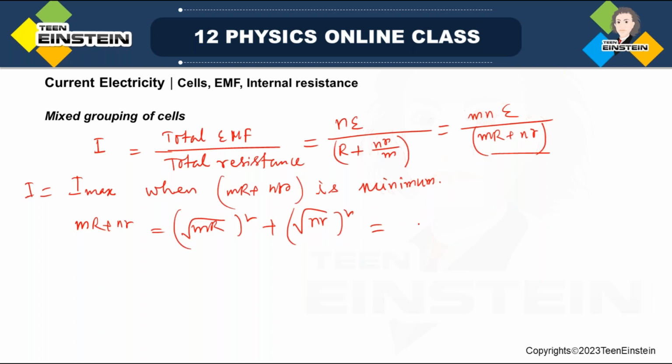This could be further written as a square, the square root of m R minus the square root of n r, plus 2 root over m n R r. There will be a 2 also.